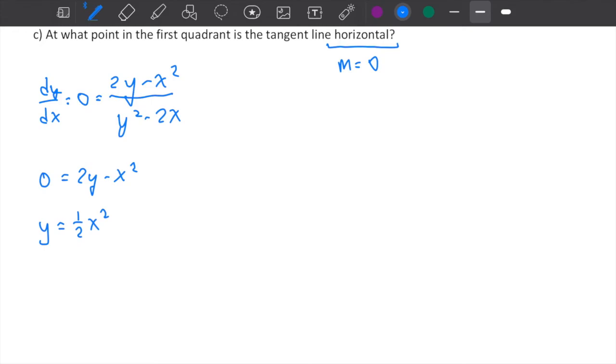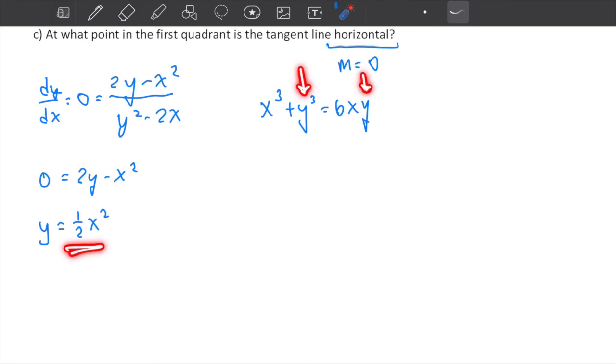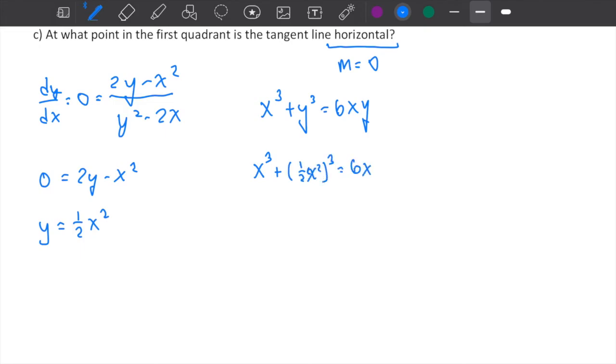Let's plug that back into our initial equation. We've got x cubed plus y cubed equals 6xy. We have y equal to 1/2 x squared. So I'm going to substitute that back into the initial equation, giving us x cubed plus (1/2 x squared) cubed equals 6x times 1/2 x squared.